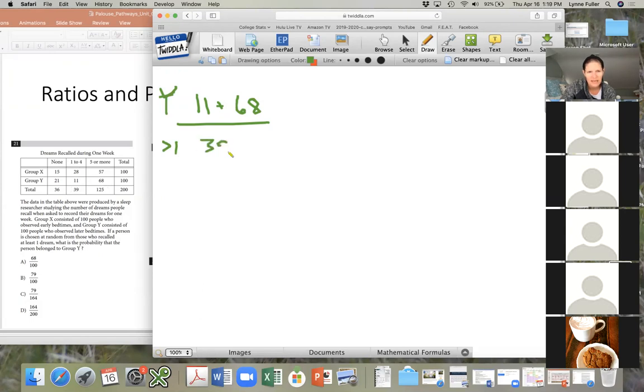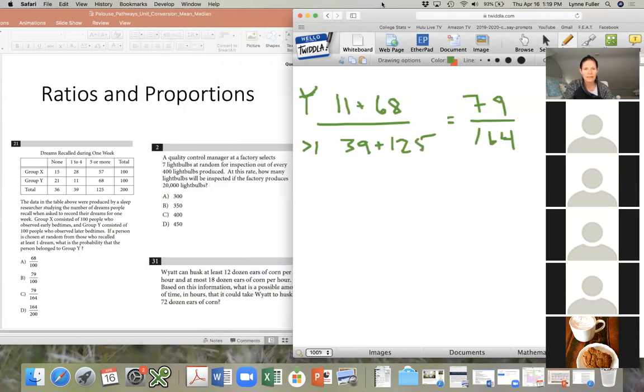So 39 plus 125 would be your denominator. So we're going to have 79, and that's going to be out of 164. So that's your proportion. So that's just pulling that out of the data. I'm sorry, the ratio out of the data.